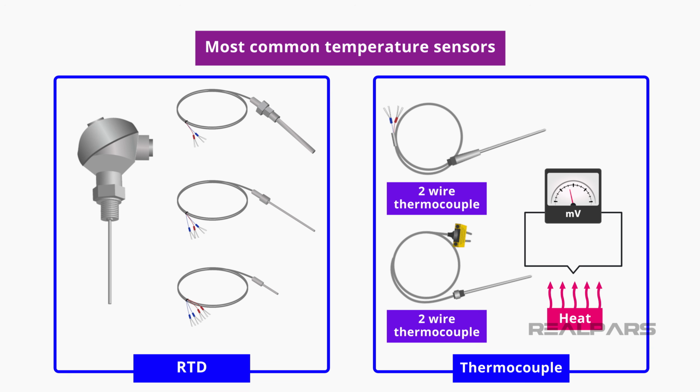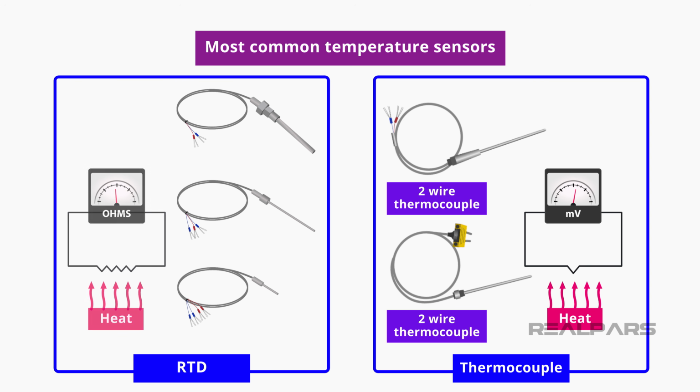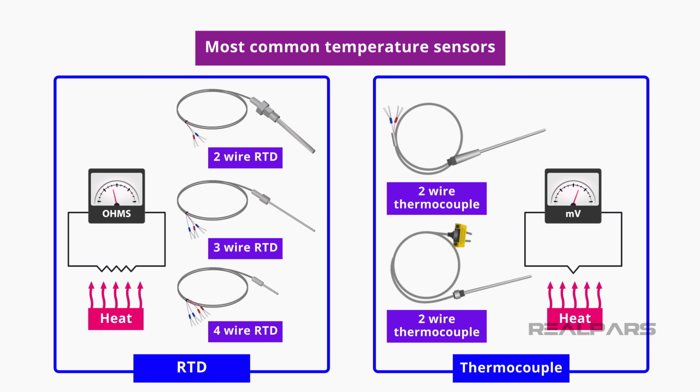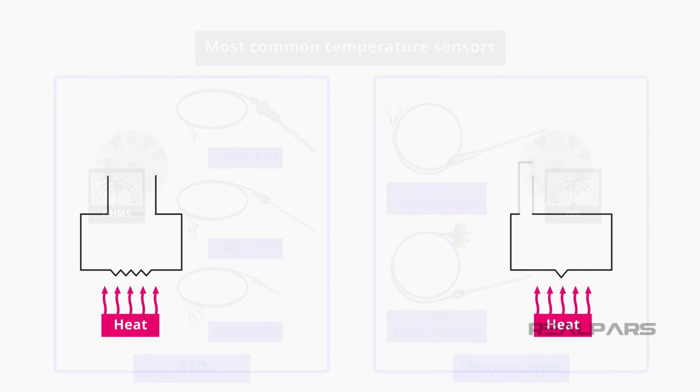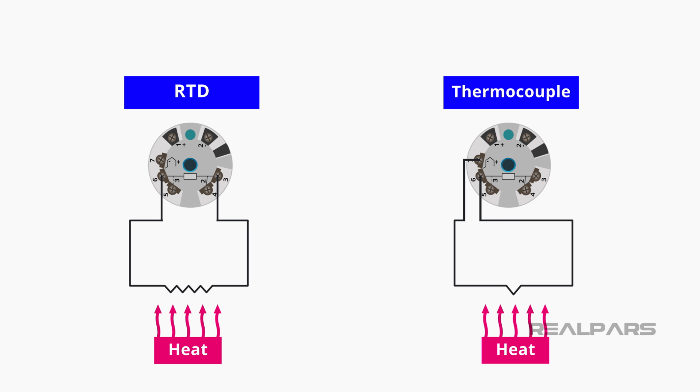Thermocouples have only two wires. An RTD produces a change in resistance with a temperature change. Unlike a thermocouple that has only two leads, an RTD can have 2, 3, or 4 leads. It's common to see temperature transmitters that are capable of working with either an RTD or a thermocouple.